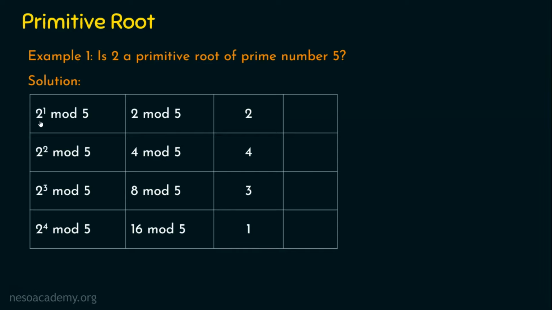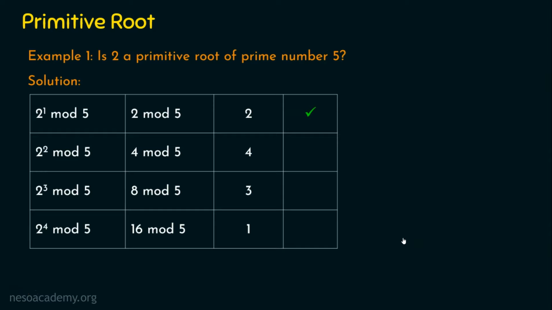As per the definition, alpha power 1 mod p, alpha power 2 mod p, up to alpha power p minus 1 mod p should give distinct values, or it should be uniformly distributed. When you take the prime number 5, the positive numbers less than 5 are 1, 2, 3, 4. Are these values uniformly distributed or distinct?